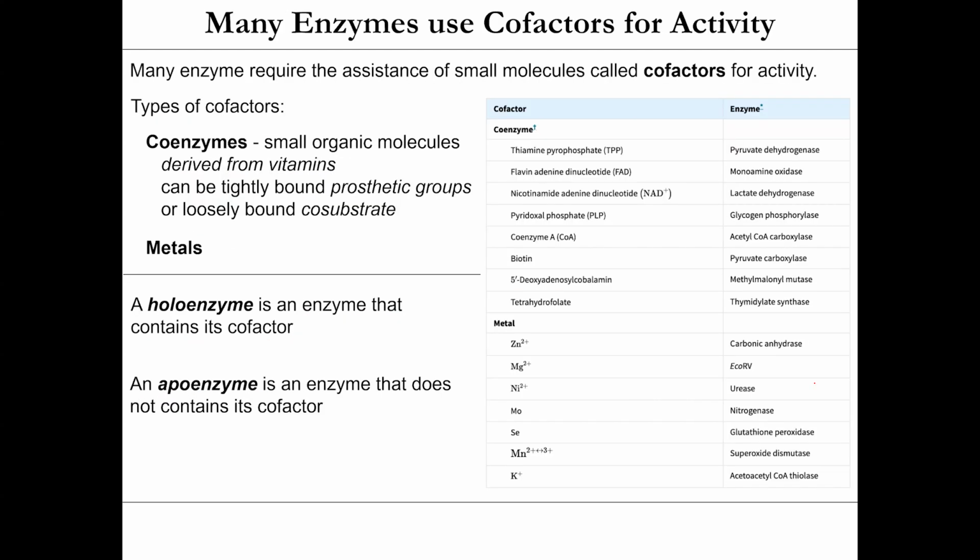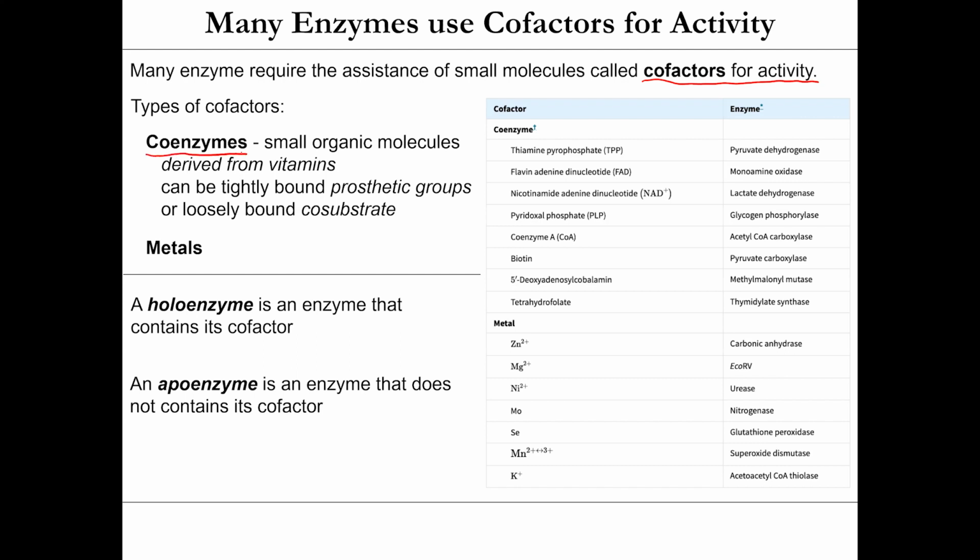And so another feature of enzymes that comes up over and over again is that many enzymes use cofactors for their activity. These are the small molecules that we call cofactors that enzymes use to catalyze the reactions that they catalyze. There are basically 2 main groups of cofactors. The first one are coenzymes.